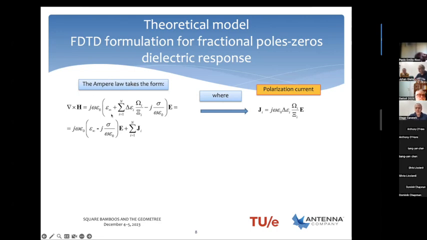And by combining the expression of the complex permittivity into the Ampere law, we end up with the expression reported here that can also be written in terms of capital N polarization currents, where each polarization current, capital J sub I, is in turn dependent on the electric field distribution and the fractional rational terms that were introduced on the previous slide in our model.